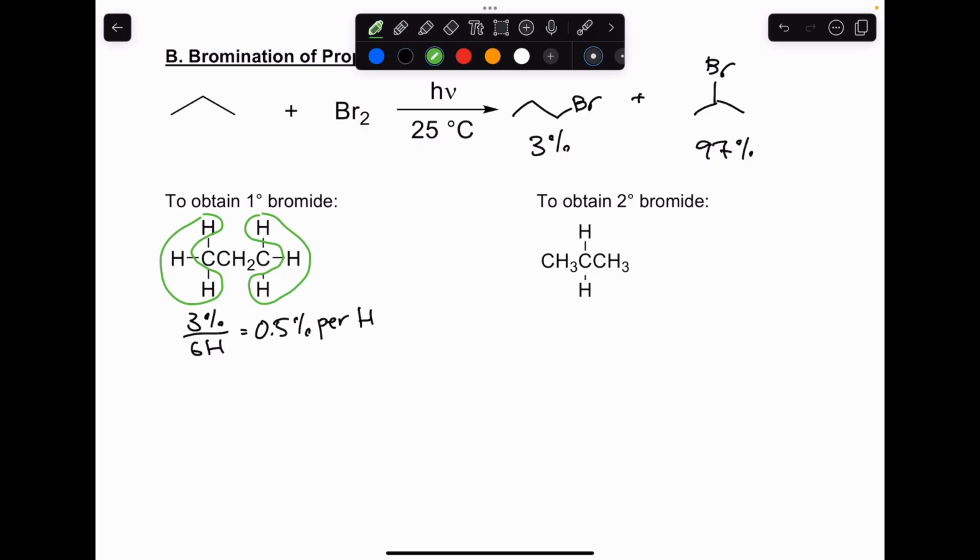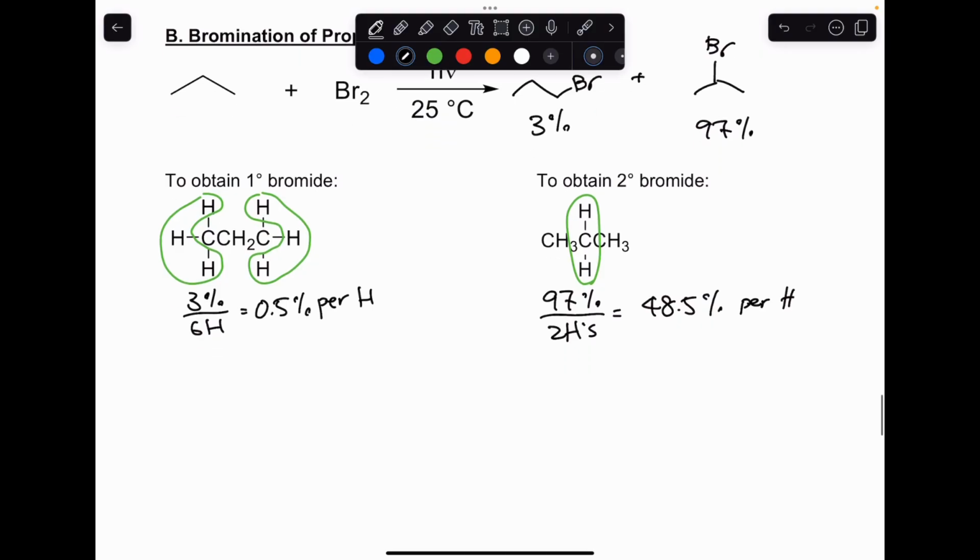To do the secondary reaction, right, there's only 2 hydrogens, so it's not statistically likely that it happens there, but the reactivity is much higher, right? It's 48.5% per hydrogen. What does that mean?